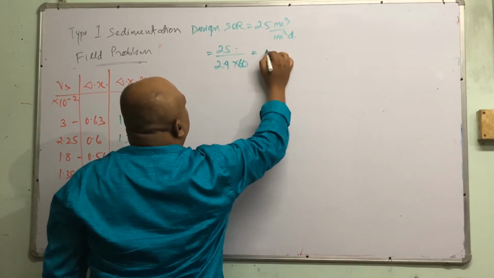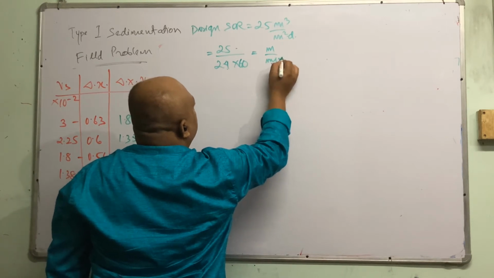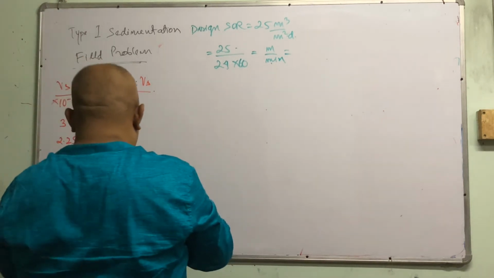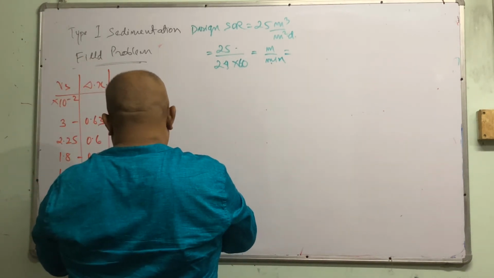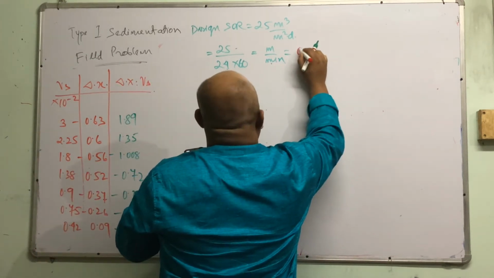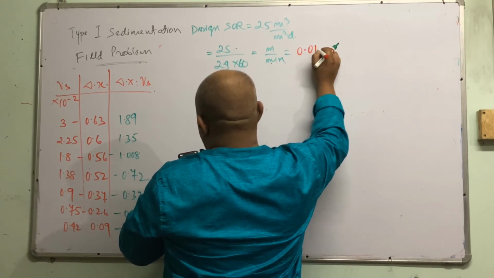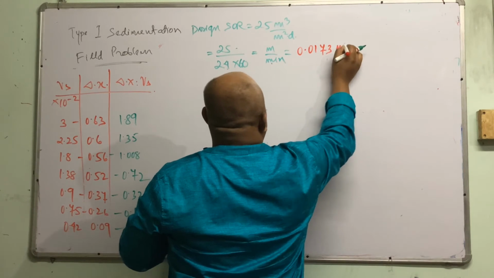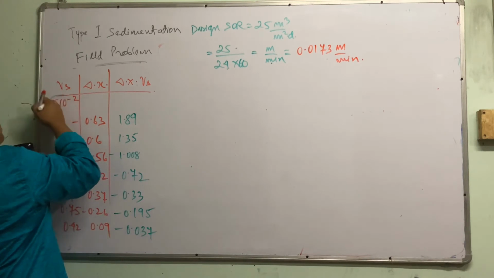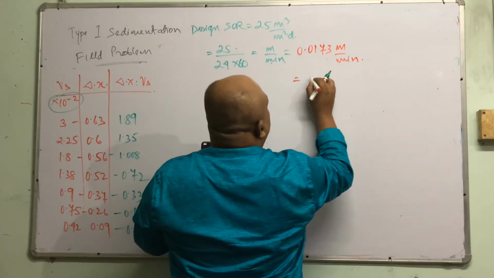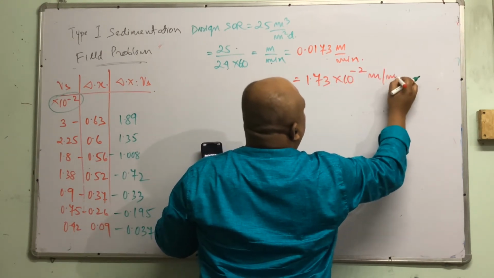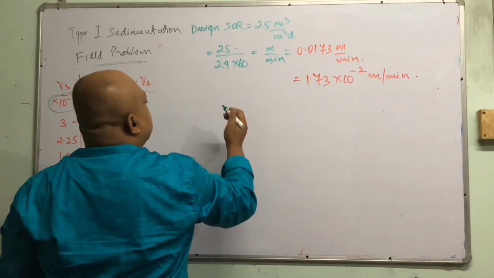This is 0.0173 meter per minute, which is 1.73 into 10 to the power minus 2 meter per minute. Now this is our SOR.